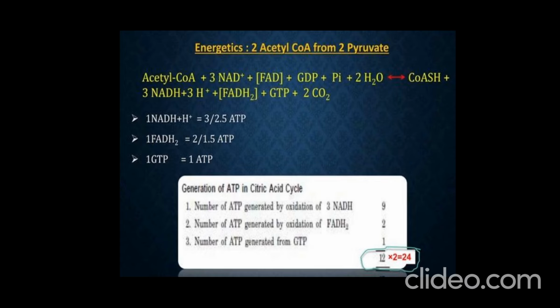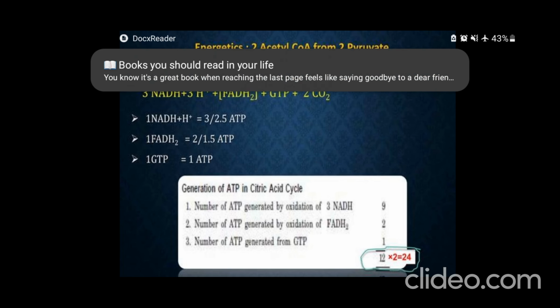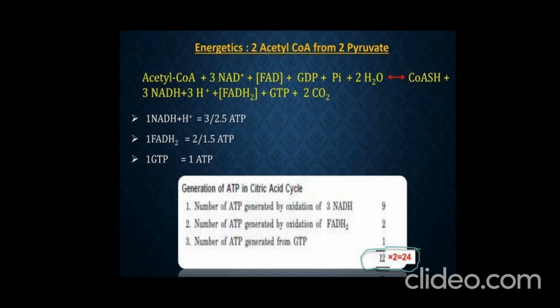Here, energetics: 2 acetyl CoA from 2 pyruvates. So here 2 pyruvate molecules are generated from glycolysis. Therefore from that, 2 acetyl CoAs are formed. So acetyl CoA plus NAD plus FAD plus GDP plus inorganic phosphate plus 2 water molecules gives coenzyme A plus NADH plus FADH2 plus GTP plus 2 carbon dioxide.